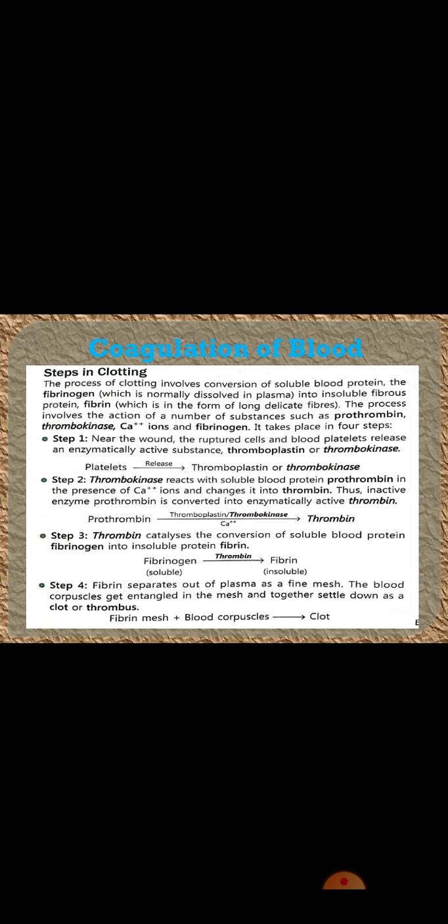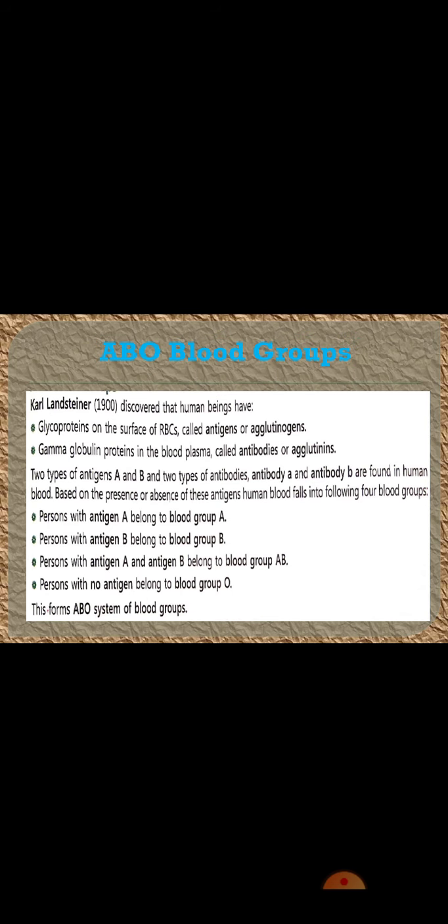Clear? Our next and important topic in this chapter is blood groups and blood transfusion. And in this sequence, the first topic to discuss is the ABO blood group. As we know, Karl Landsteiner discovered the human blood groups.